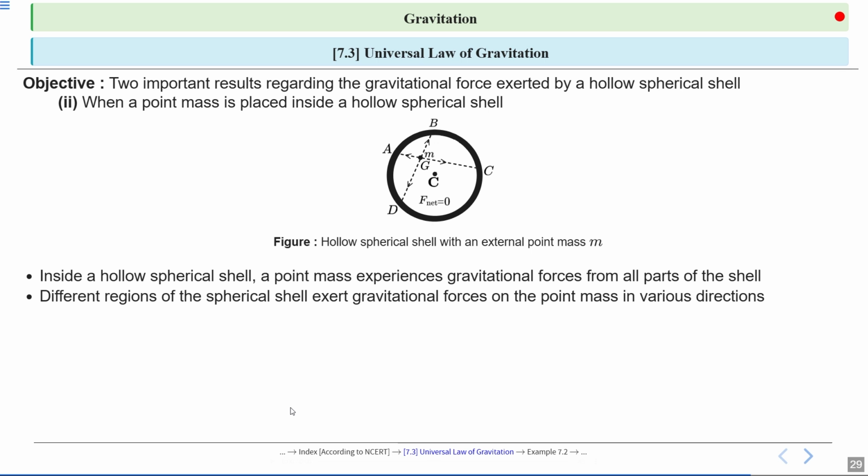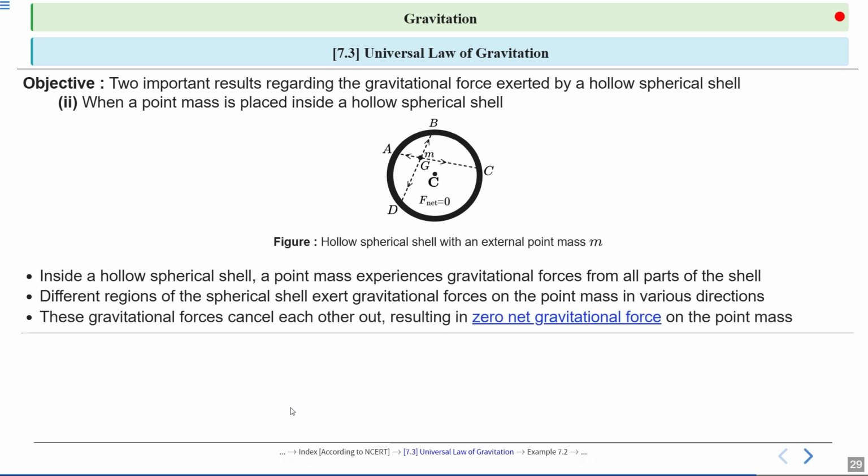Each region of the cell pulls the point mass in different directions, creating a complex interplay of forces. This diversity in the force direction is key to understanding the net effect on the point mass. So these gravitational forces cancel each other, resulting in zero net gravitational force on the point mass.